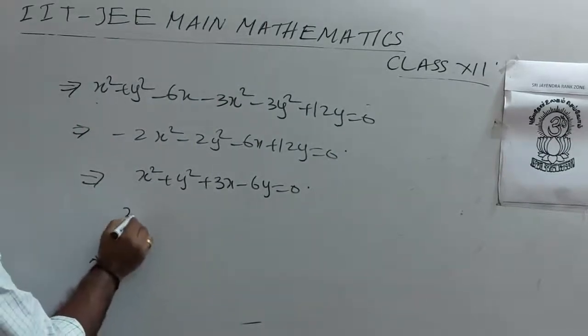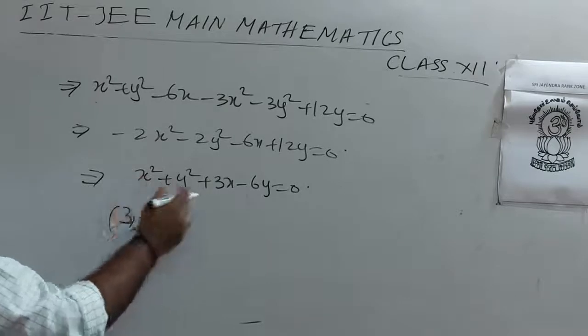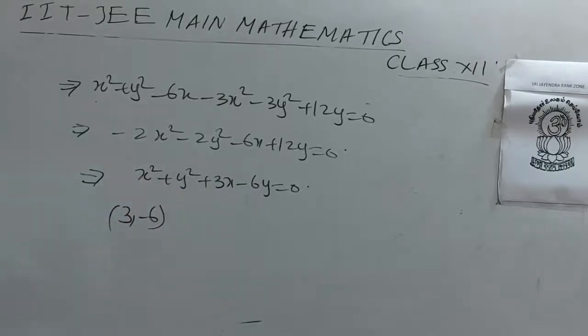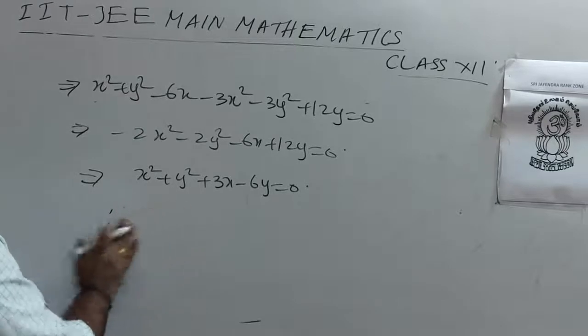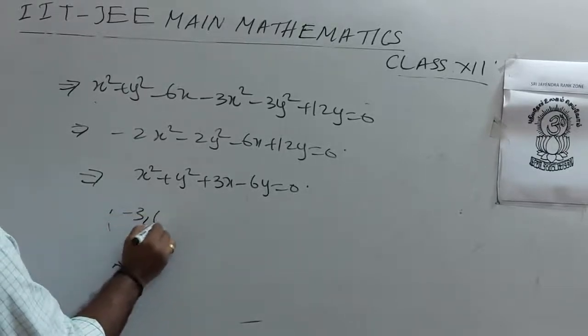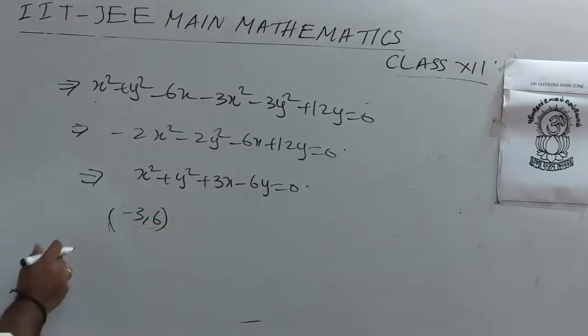So among the options, you can check one by one. Take minus 3 comma 6.